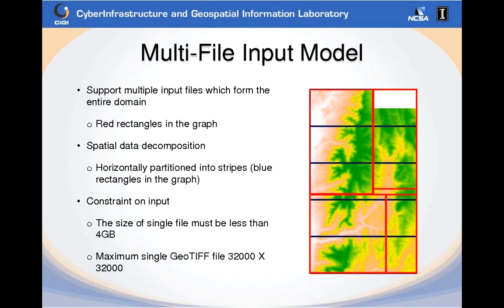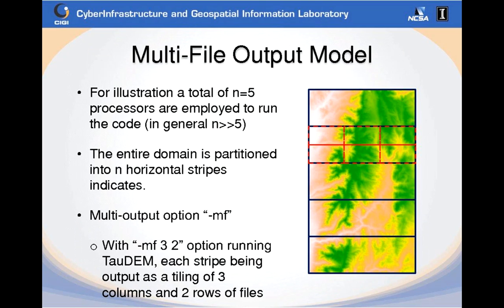So the multi-file input model. As we know, the input of TauDEM is based on TIFF files, which are raster image files. It has a limitation of 4 gigabytes. That makes this multiple file input model very important for TauDEM, because if we are dealing with a big domain, the size of the TIFF file can easily go up to more than 100 gigabytes.